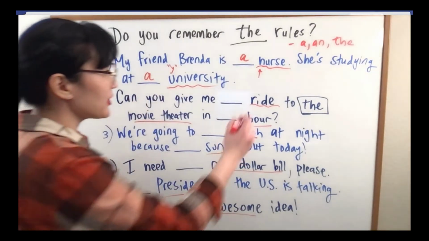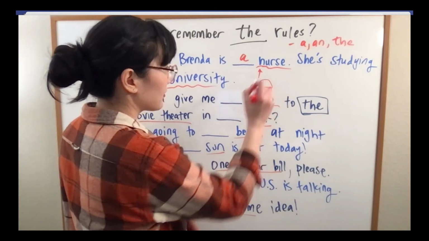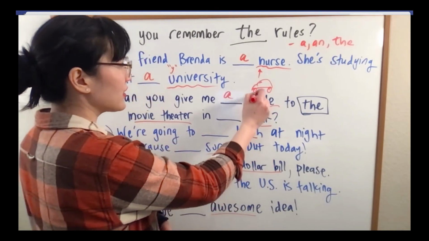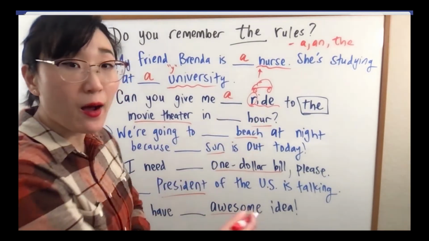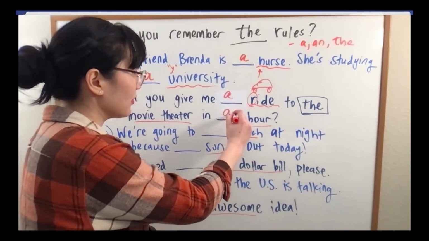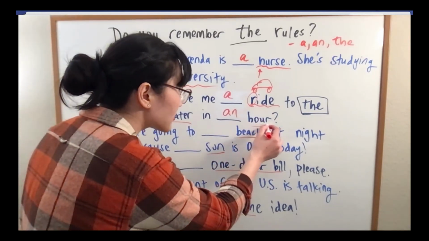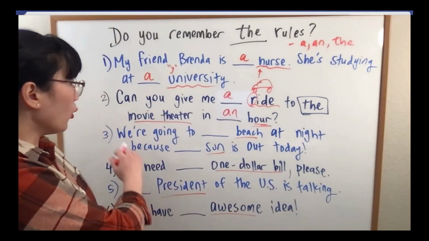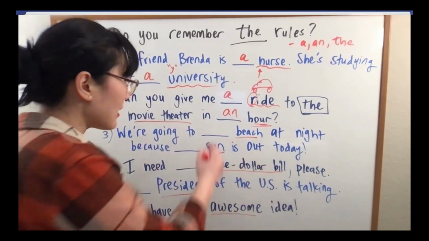Can you give me a ride, consonant sound, a ride to the movie theater in an hour? Because this is a vowel sound. We're going to the beach, specific noun.